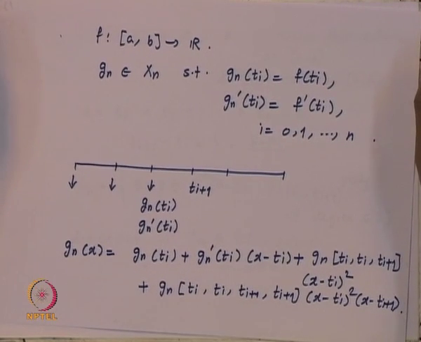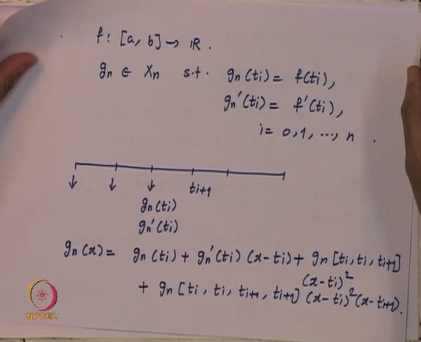So, exactly a similar formula as on the interval [a, b], only now the interval is [t_i, t_{i+1}].